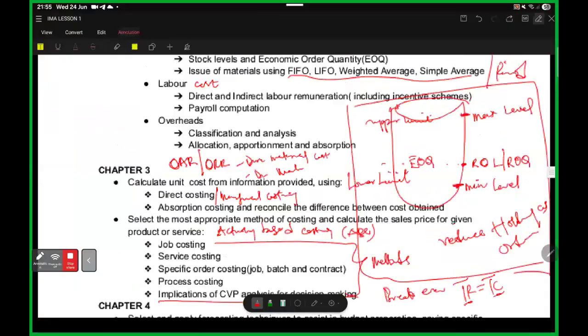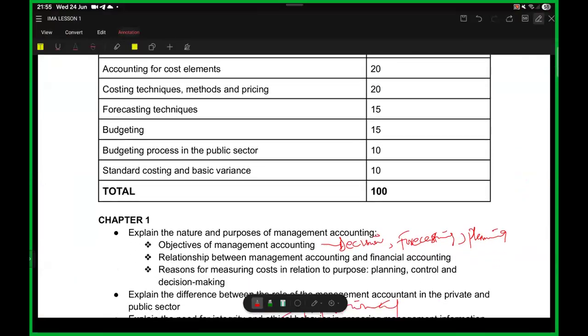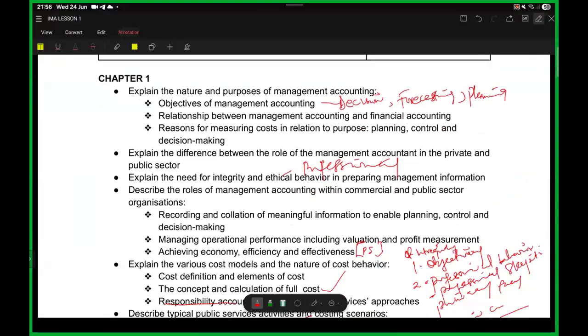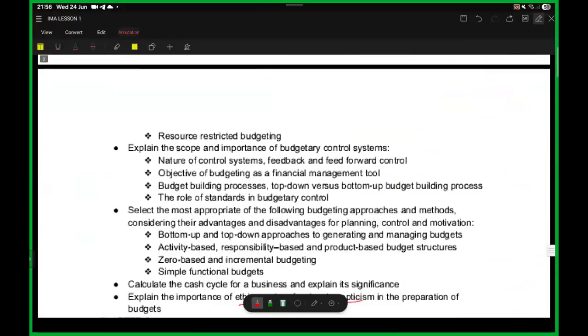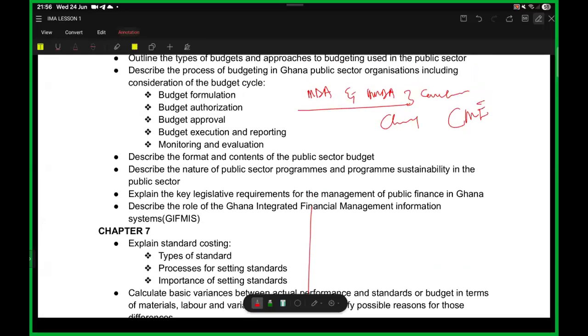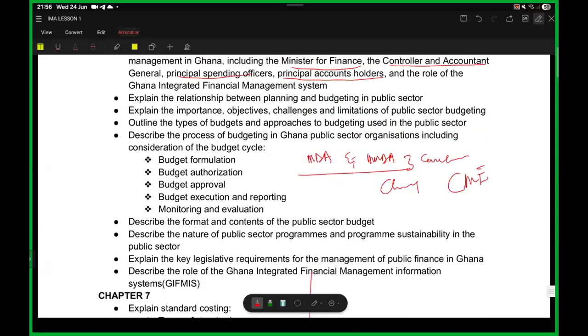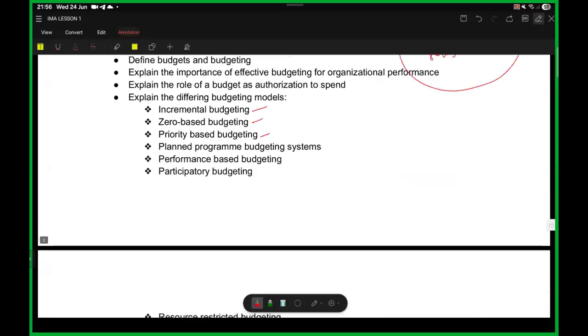Okay, so I think there is maximum coverage in everything that we are supposed to do over here. That's the scope of management accounting, cost accounting for cost elements, cost techniques and methods, pricing and forecasting techniques, budgeting process in the public sector, and standard costing. All right, so what I've not talked about intensively in our computation is the time series analysis.